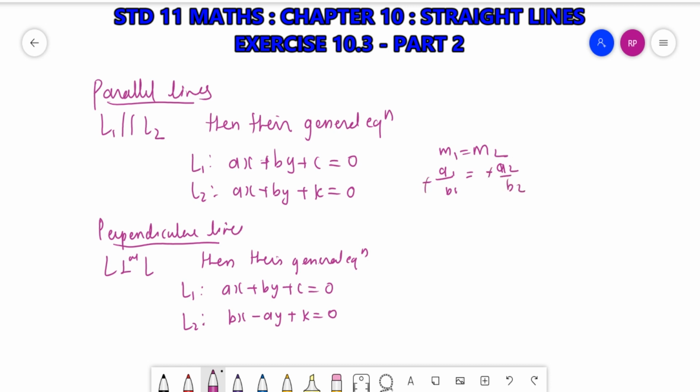Minus minus cancels. So ratio wise, if I take common, I can derive a1 equal to a2, b1 equal to b2. And in this case, m1 times m2 equals minus 1. So minus a by b into b by a, only one minus remains. So this is equal to minus 1. So the coefficients exchange and there is a negative sign in between. Okay. Now let's see the next questions.